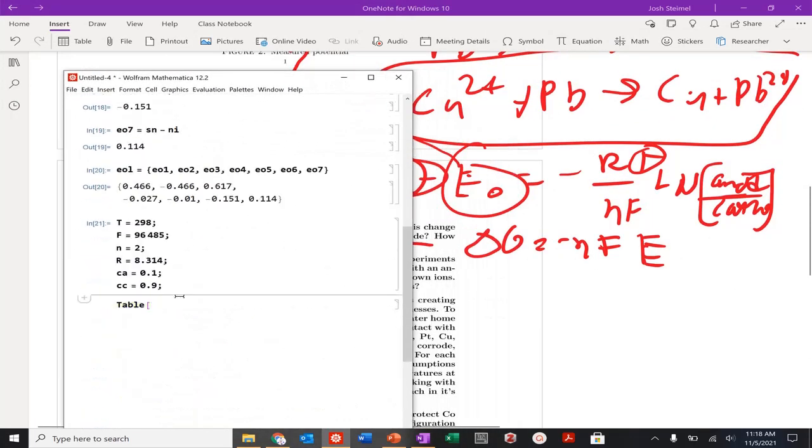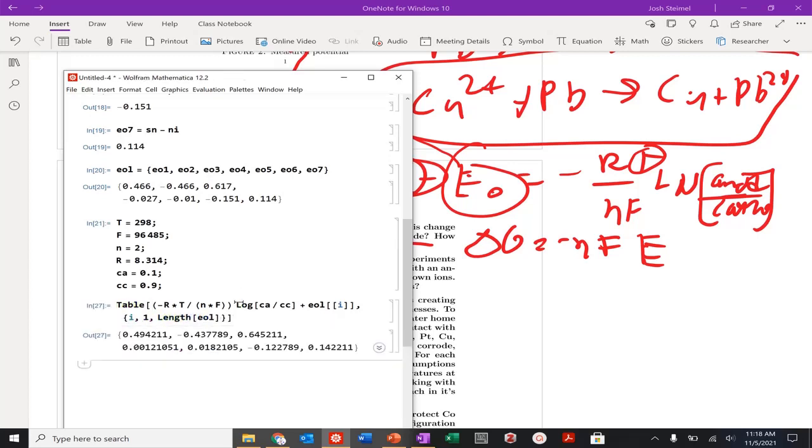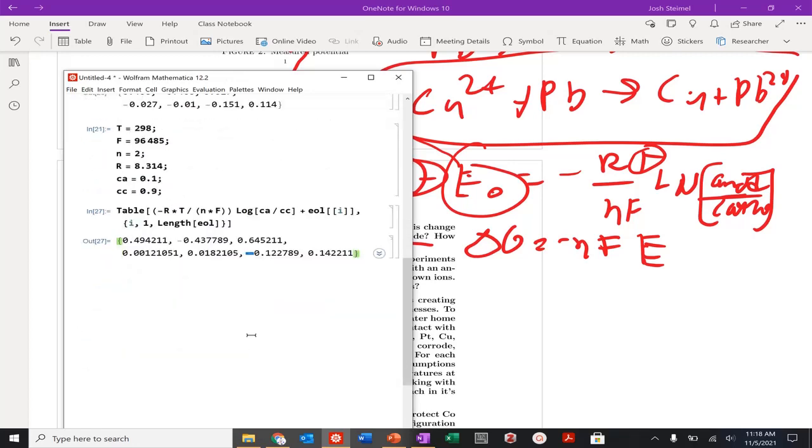So it's going to be table minus R times T divided by N times F times the log of Ca divided by Cc. And then I'm going to do plus E naught L, and then I'm going to just pull out each of those values, I from 1 to length of E naught L. And these would be my values.